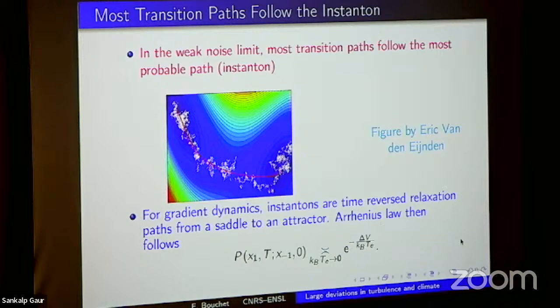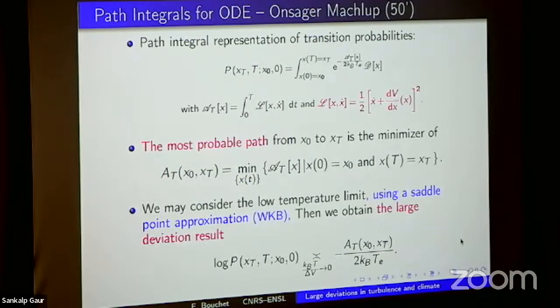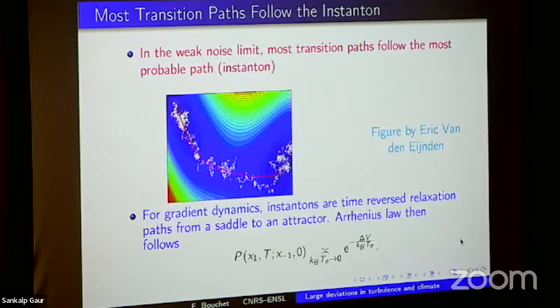And somewhere in between these two attractors you have a saddle point. This red line is the minimum action path. It's exactly what is written here when I take for x0 the first attractor and for xt the second attractor. And this minimum action path to go from one attractor to another, this is what I will call an instanton.